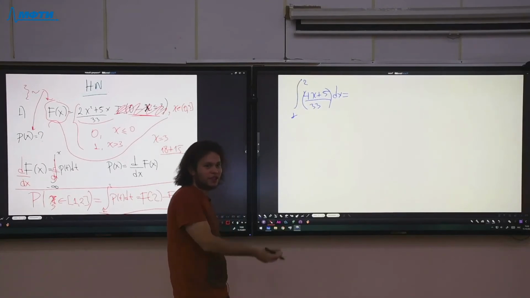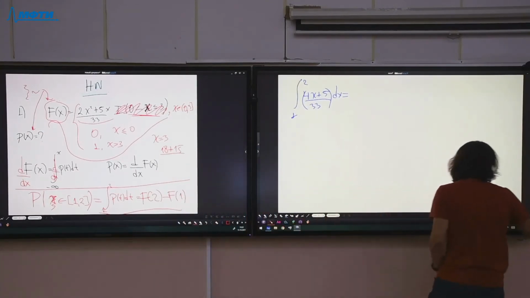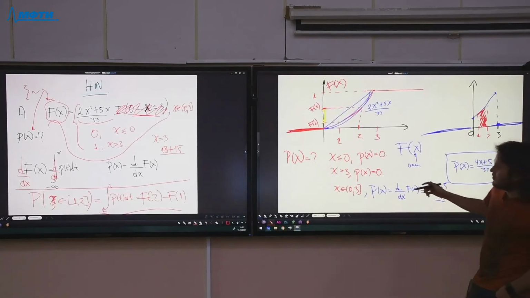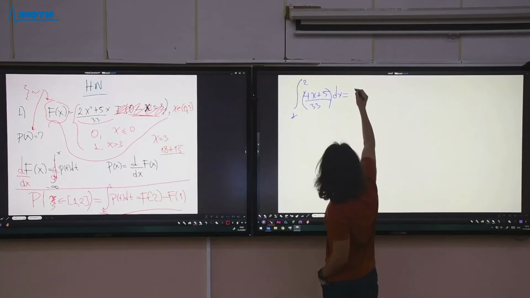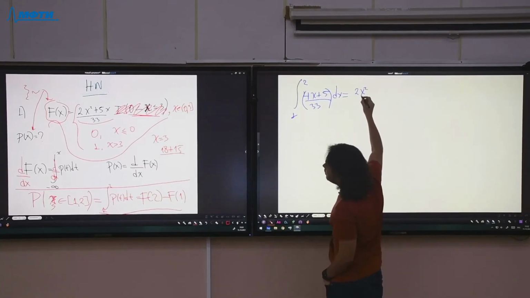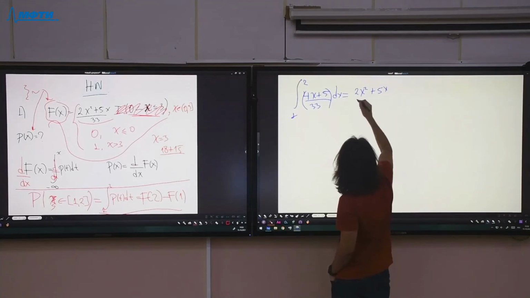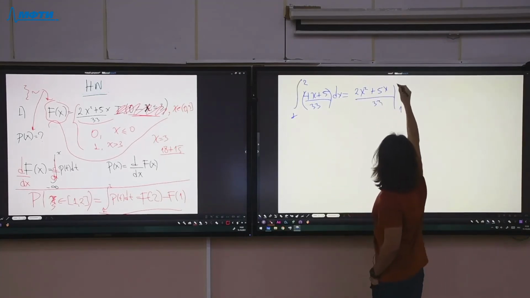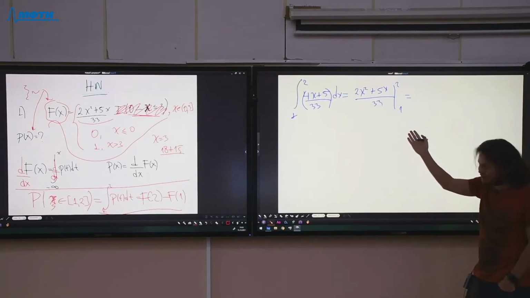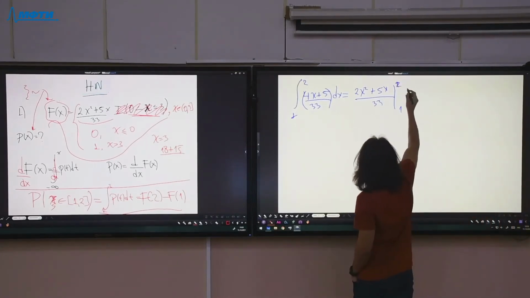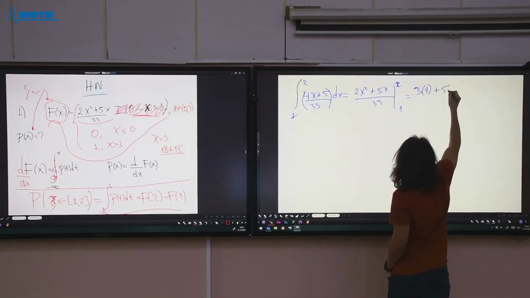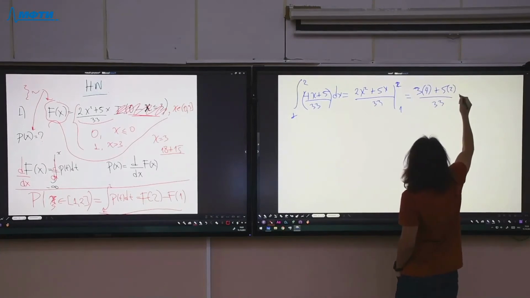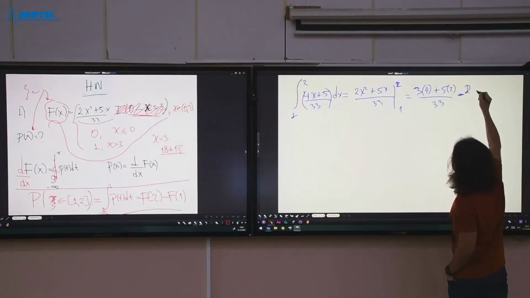So this is just the CDF, and the CDF is that function. The integral of this is just that function: 2x squared plus 5x over 33, from 1 to 2. You know this, right? So this is 2 times 4 plus 5 times 2 over 33, minus 2 plus 5 over 33.